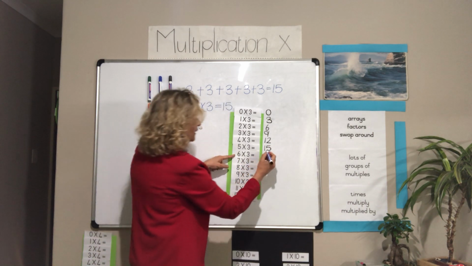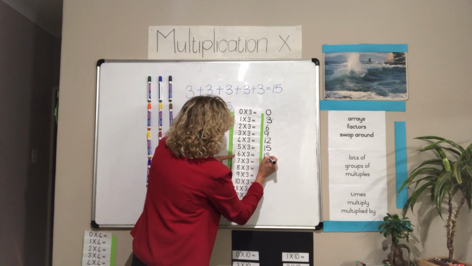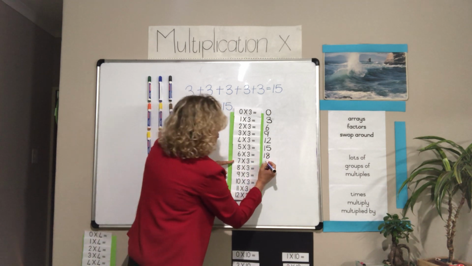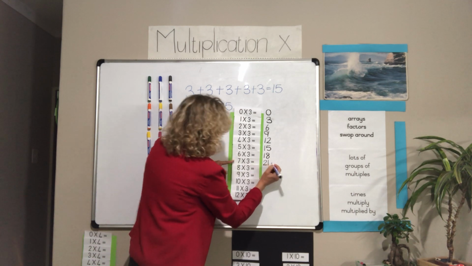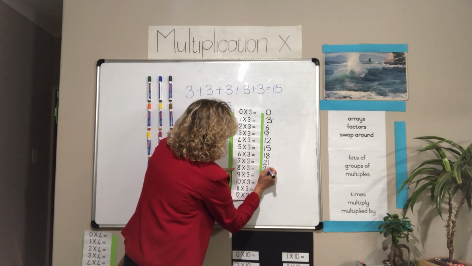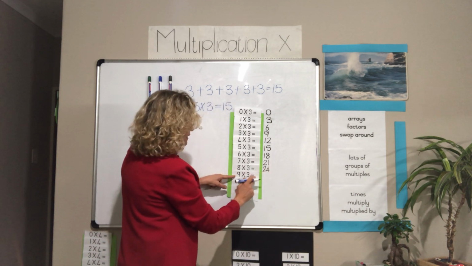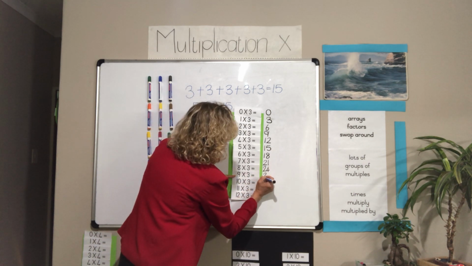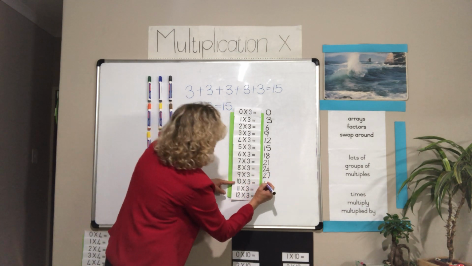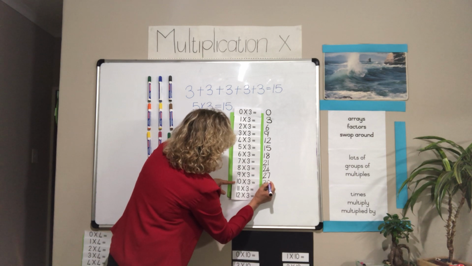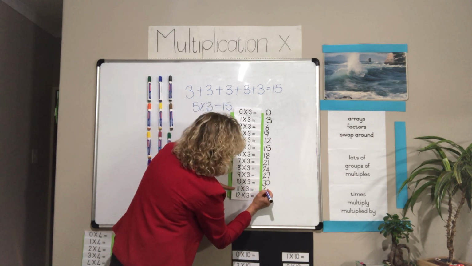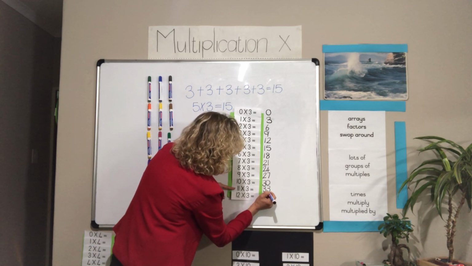6 times 3, 18. 7 times 3, 21. 8 times 3, 24. 9 times 3, 27. 10 times 3, 30. 11 times 3, 33.